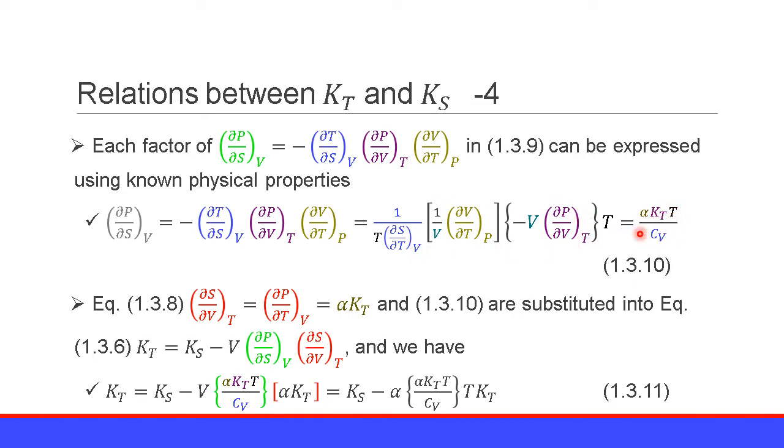Then the ∂P/∂S at V is equal to alpha Kt T over Cv.